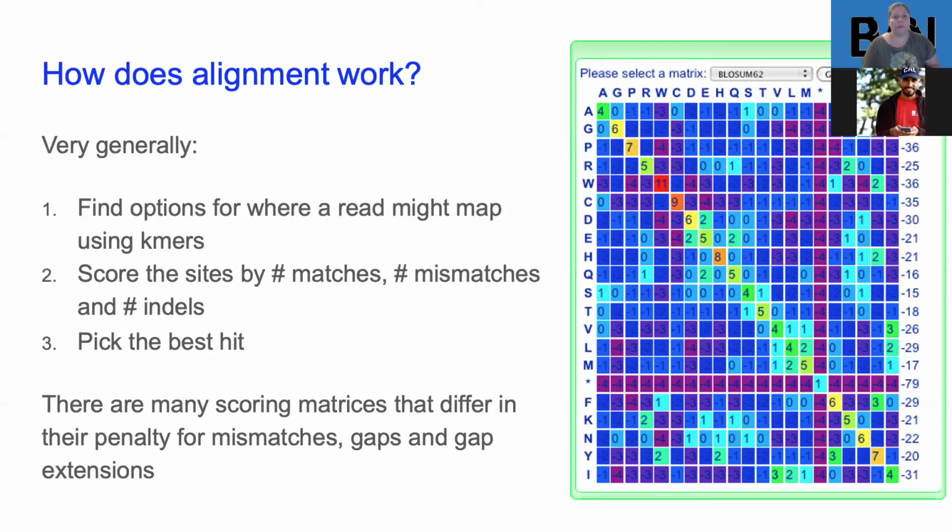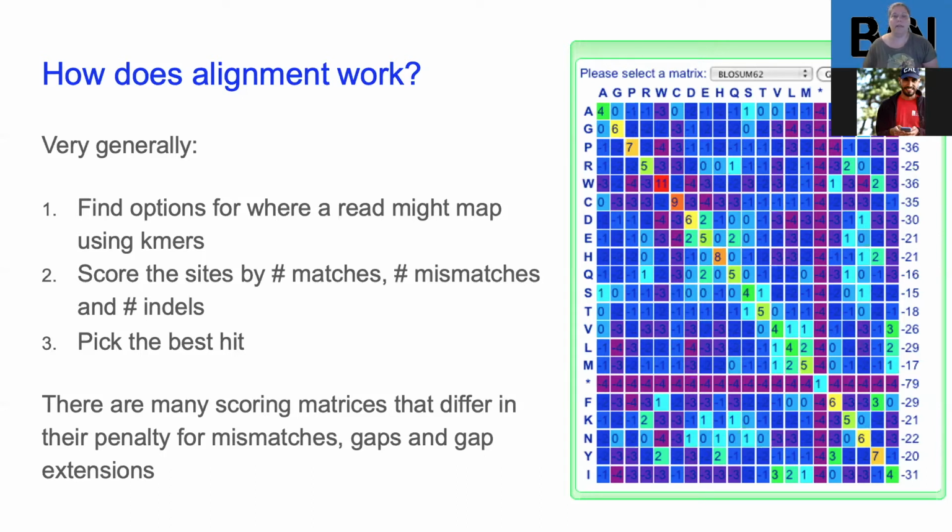So each of these has sort of a price tag. If you have a match, then you get a reward. If you have a mismatch or an indel, then you get penalized. And when you do that along the entire read, you end up with a sum of all of these penalties and rewards.